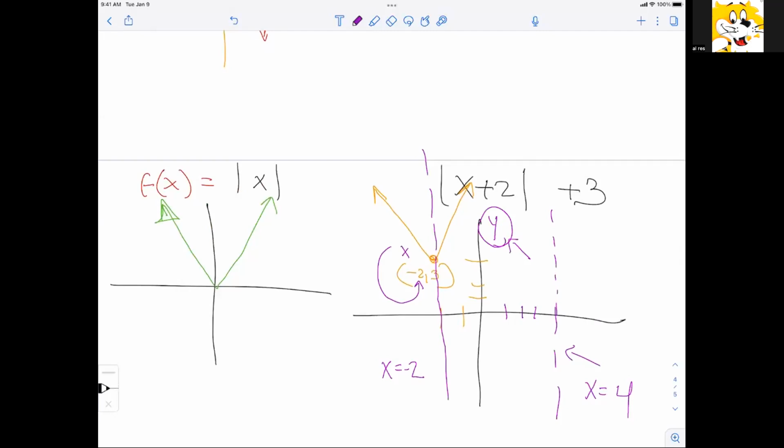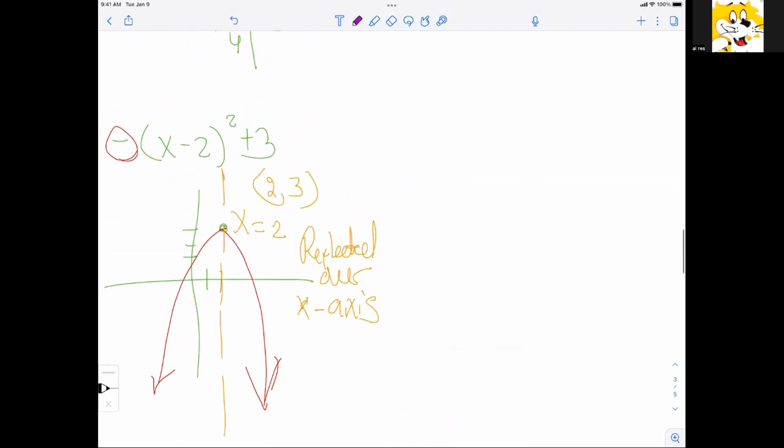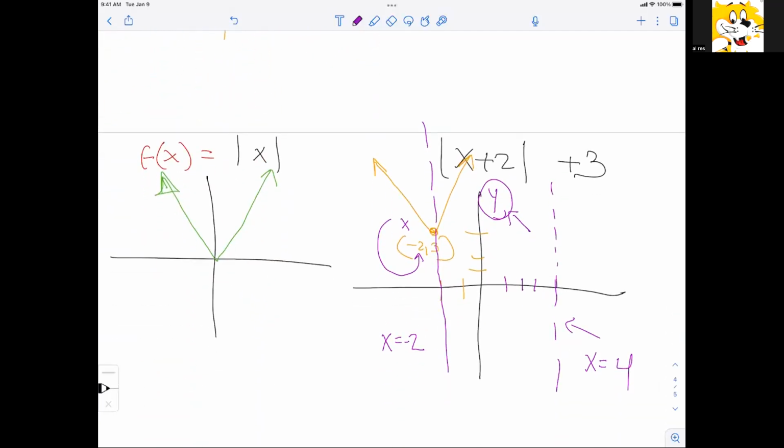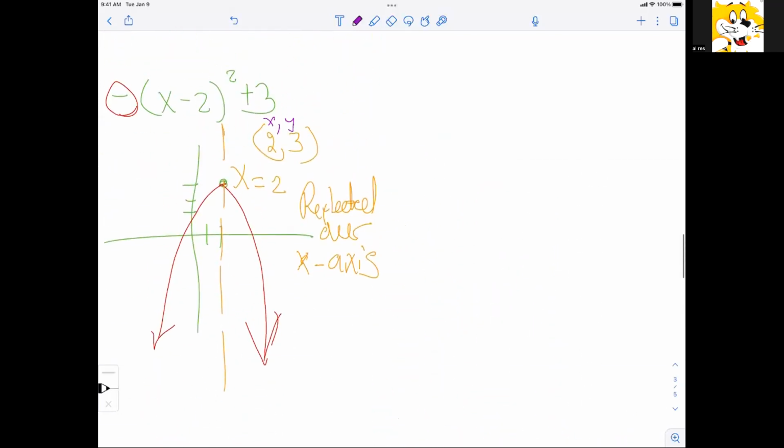What you have on the left, you have on the right. But in order to cut the function in half, you have to have an equation that is x is equal to something. It's going to be x is equal to -2 for this absolute value. For this parabola, I'm sorry, it's x is equal to 2 because my vertex is 2, 3. The absolute value also has a vertex, which in this case is -2, 3.